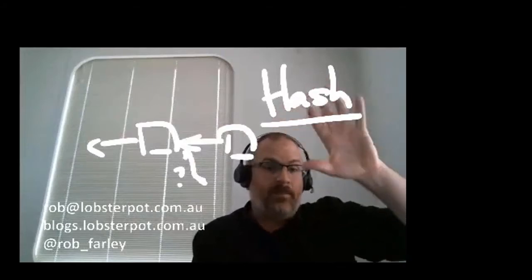Hash can be good. It can be the most effective way of doing something, but it can also be painful. If you've got a join going on, you might prefer to make that a nested loop so that you're able to do the work without having the expensive memory grant needed. And for that, make sure that your indexes are in place to be able to find this thing on the other side.